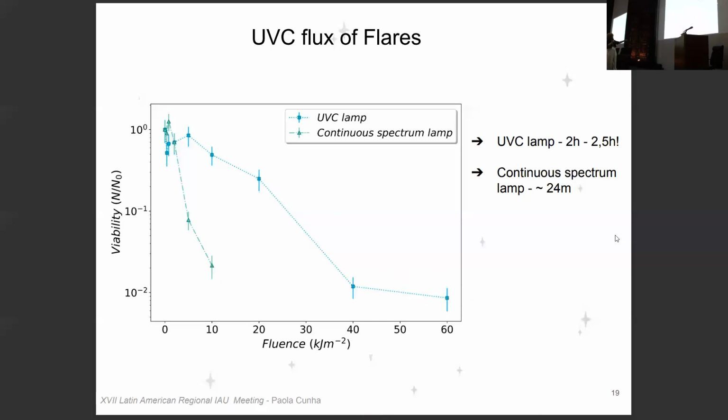And for our continuous spectral lamp, we have counting until 10,000 joules per square meter. So it means that in the UVC lamp case, our yeast can survive until around 2 hours of flares. And our maximum value for the continuous spectral lamp is 24 minutes, which is around the typical duration of a flare.